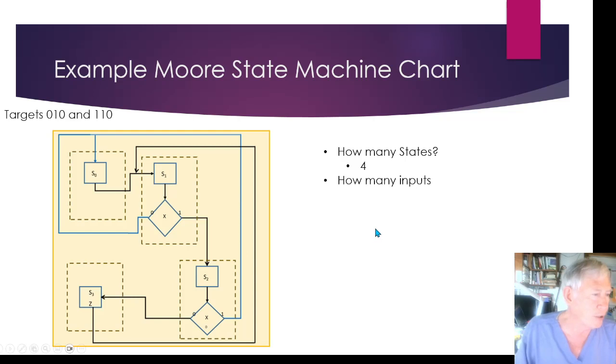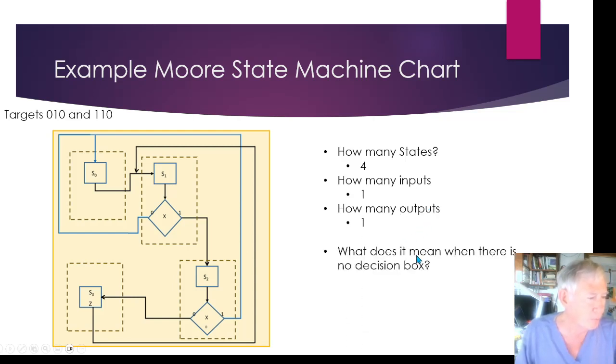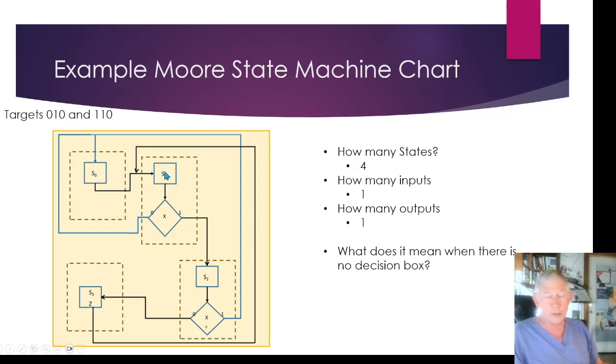So in this case we have one input, one output. When there's no decision box, what does it mean? Well, it means there's only one path out. In this case, from S0, we always go to S1 because whether we get a 1 or a 0, we still have the possibility of the first item in our target sequence.